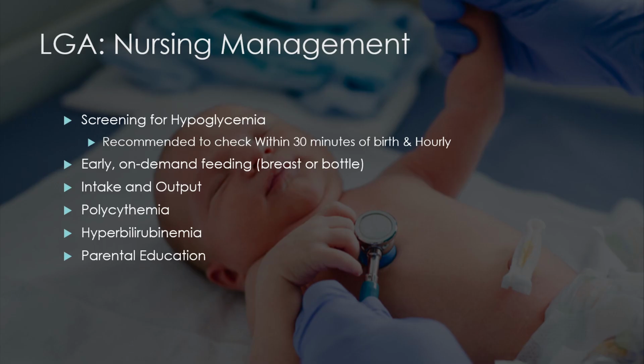They need to be a part of the care, and they become an extension of our assessment team, because nurses have multiple moms and multiple babies. If parents notice something is not right, if their baby's not feeding right, or if they're not having good output, they're going to be the first-line person to tell the nurse and trigger a more thorough assessment from us. So get your parents involved.